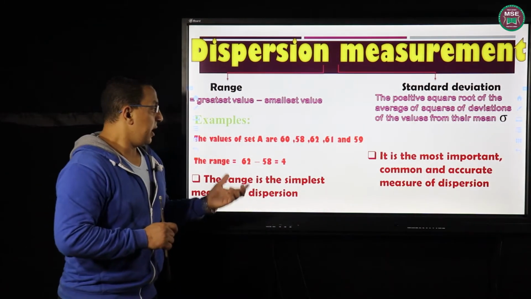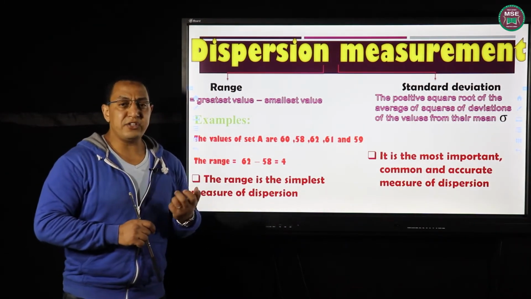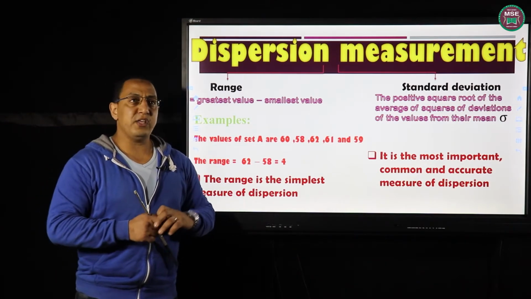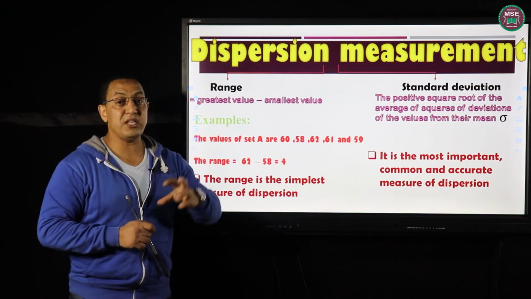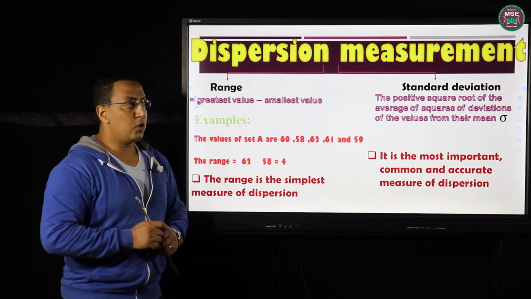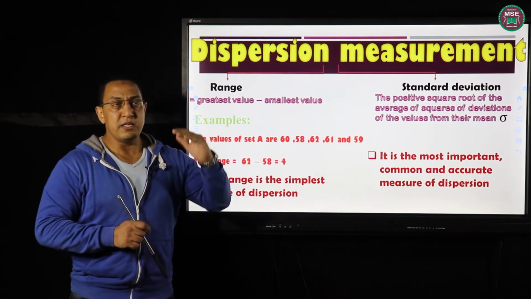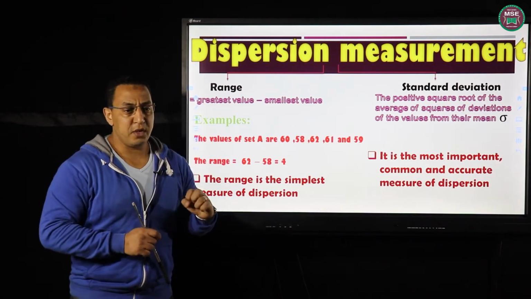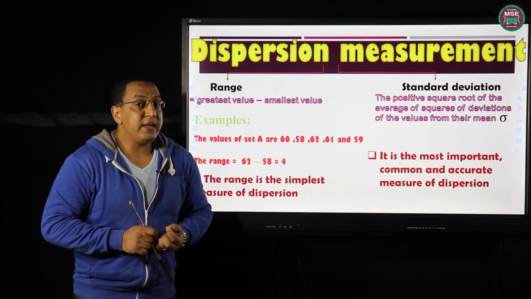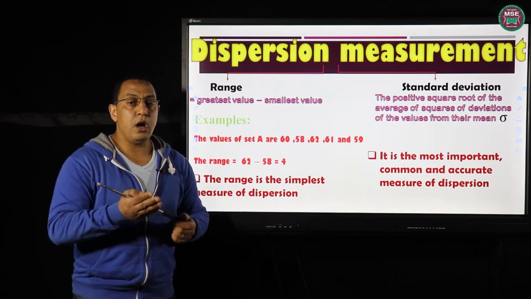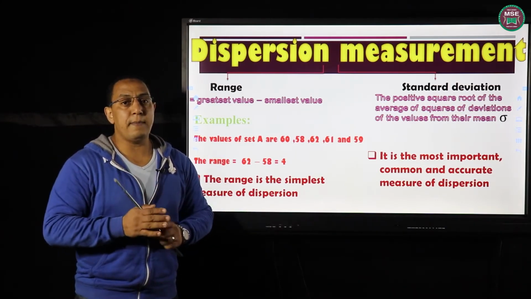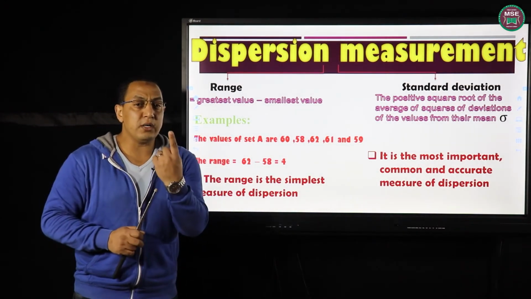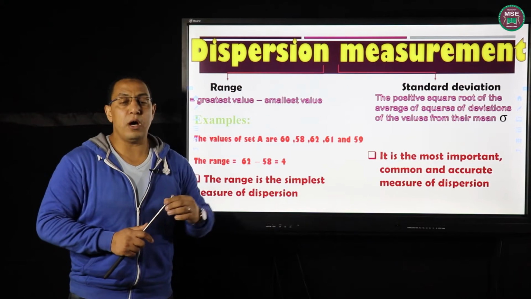For example, if I need to measure the dispersion inside a class and I use the range, I choose the maximum mark and the minimum mark and subtract them. What will happen if most of the marks are about 15, 16, 17, 20 and so on, and one mark is, for example, 2 out of 20?